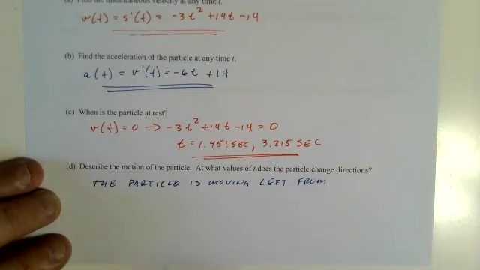I don't even know what I wrote in my answer key. Particle's moving left. You know what? I'm going to figure this one out. Let's go with 1 second. Velocity would be negative, right?